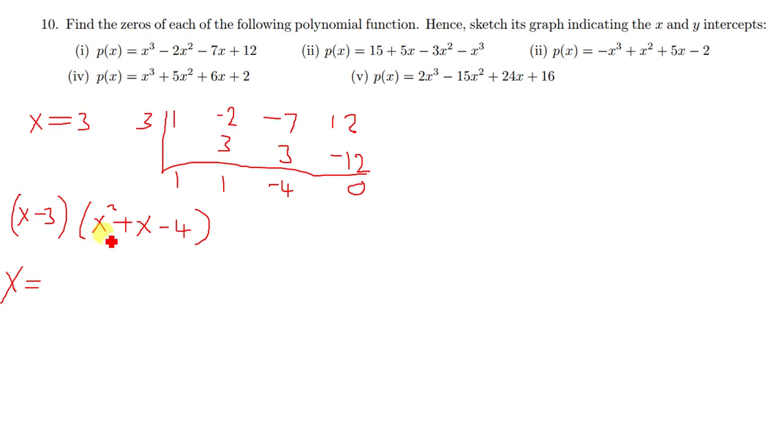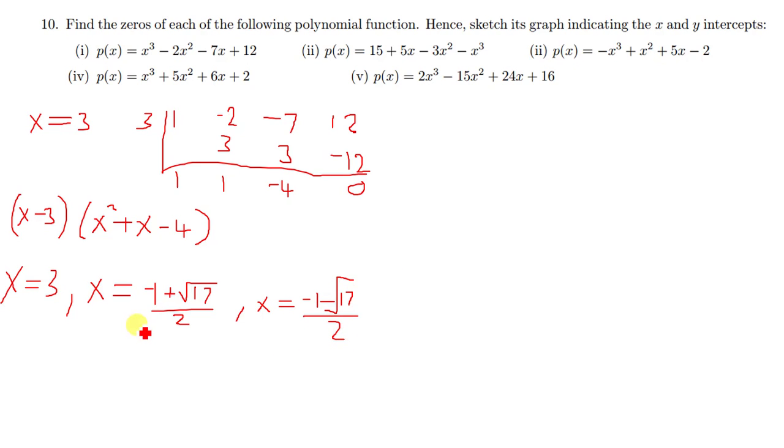And then when you use the formula method here, you are going to have another x value which is equal to negative 1 plus the root of 17, using the quadratic formula method, and then everything over 2. And then the other value of x that you are going to have here will be x is equal to negative 1 minus the root of 17, sorry. Then everything divided by 2.